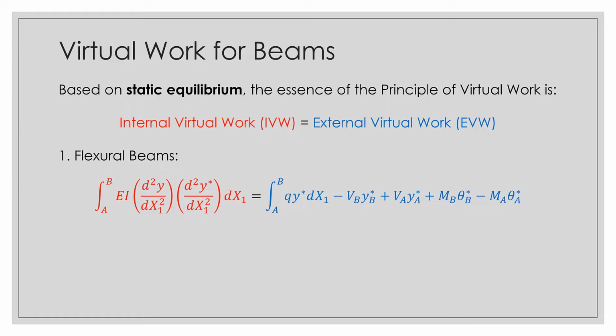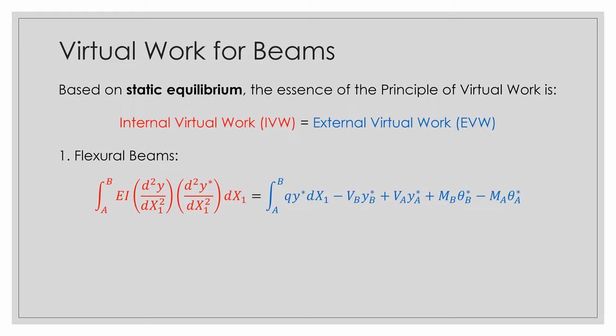Again, that's going to be the internal virtual work, and we're saying that this is equal to the external virtual work. The external virtual work, even though it looks a little bit complicated, is the integral from a to b of q multiplied by our virtual displacement function with respect to dx1.